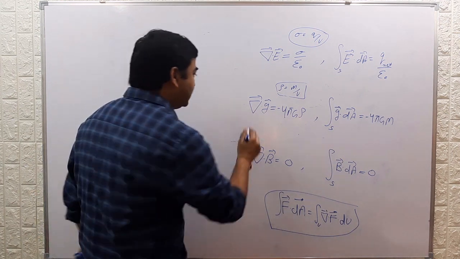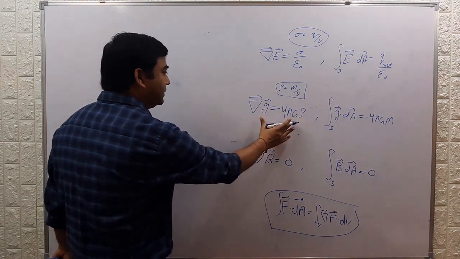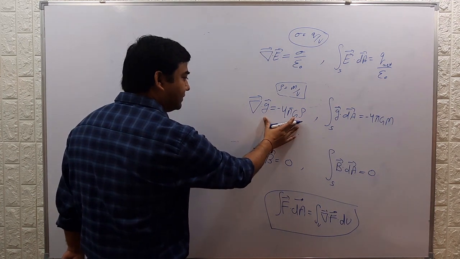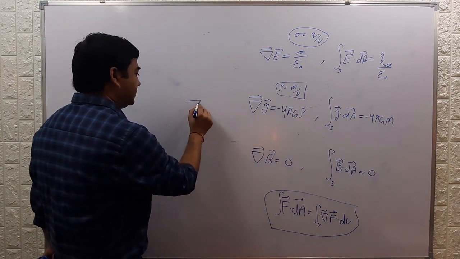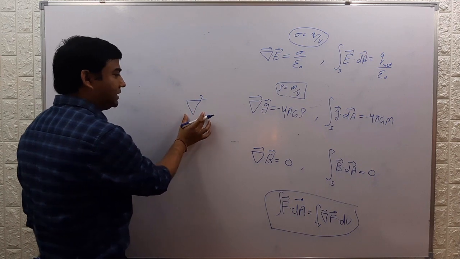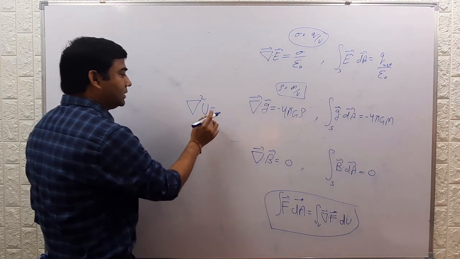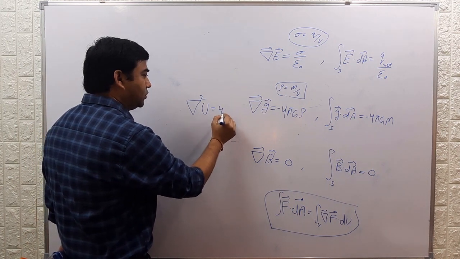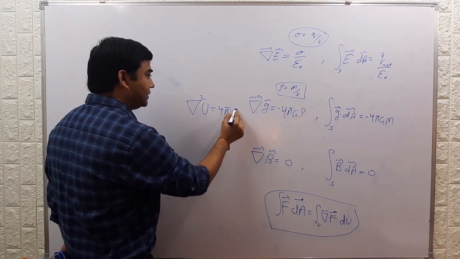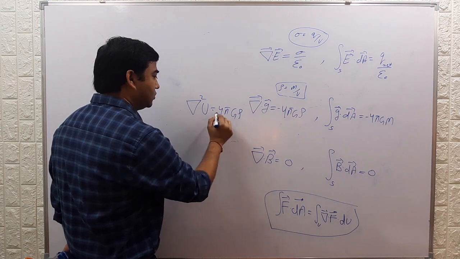Another last form was Poisson's law, which we have derived for gravitational field as del square, that is Laplacian of u, potential energy function, is equal to minus 4 pi G rho.